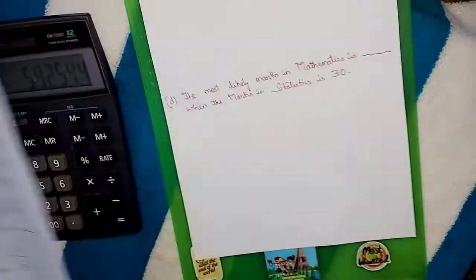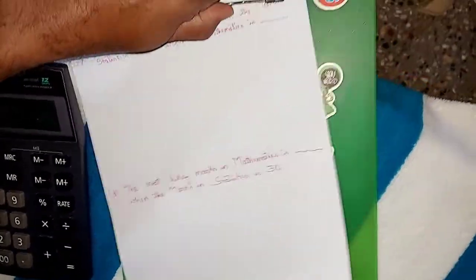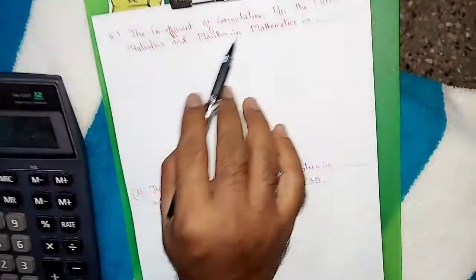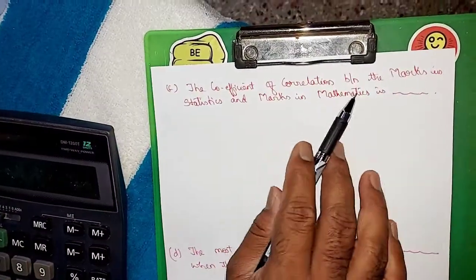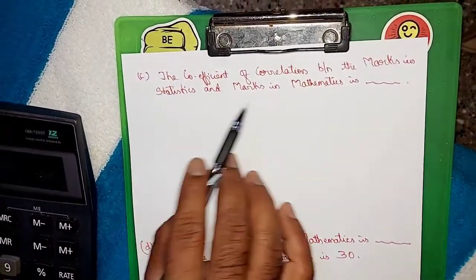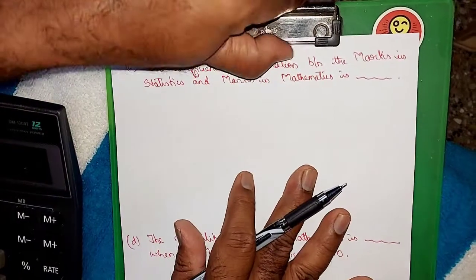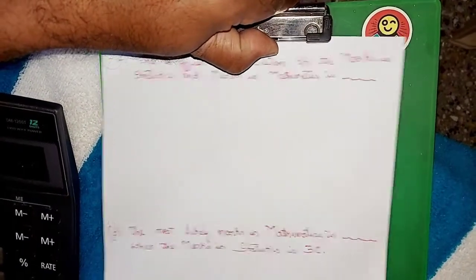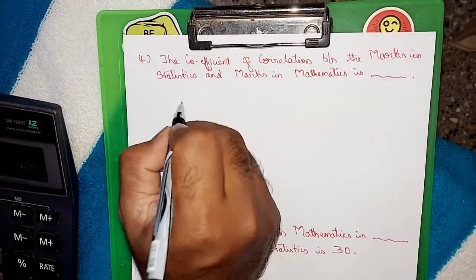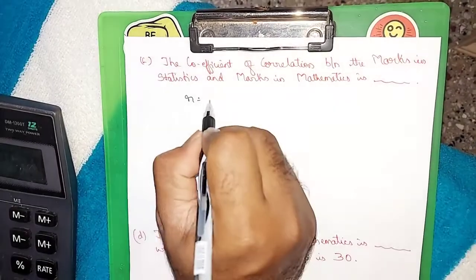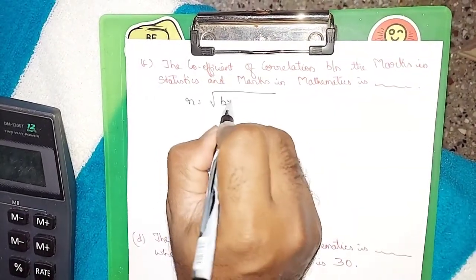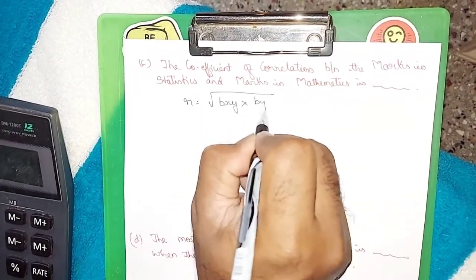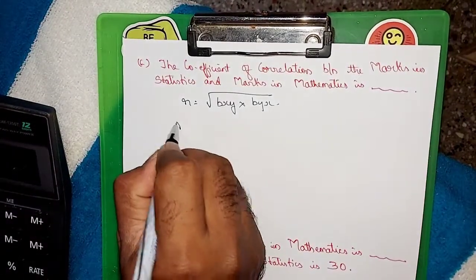Next, let us proceed and find out the coefficient of correlation between the marks in statistics and marks in mathematics. The coefficient of correlation r is equal to the square root of bxy into byx.